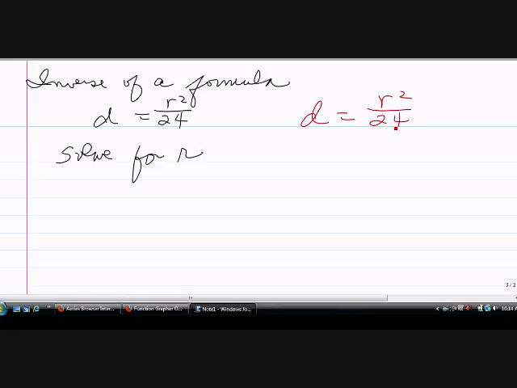To get rid of that 24, I'm going to multiply both sides of this equation by 24, and I'll get 24d equals r squared. Square root both sides of this equation, and I'll get r equals the square root of 24d. And usually because it's a formula, the negative square root won't make any sense. Negative miles per hour is not going to make any sense, so I'm not going to bother with the plus and minus when I'm doing formulas. Sometimes they will make sense, but I think in this case it does not.